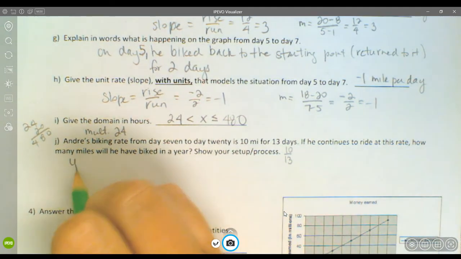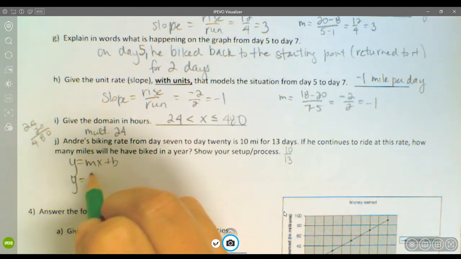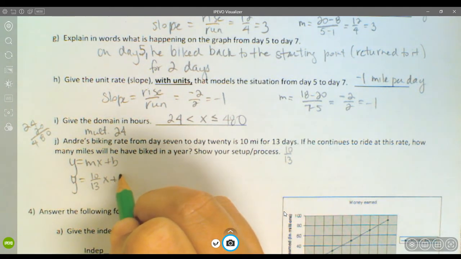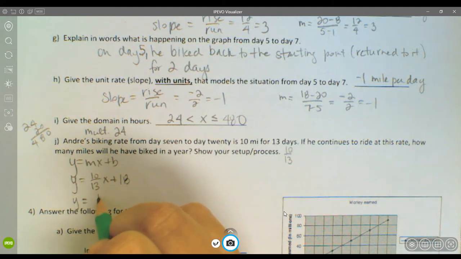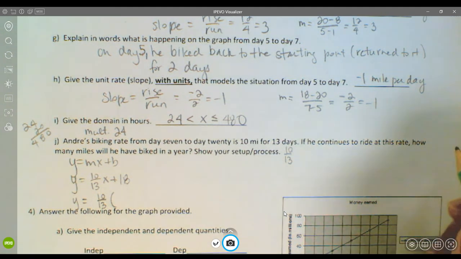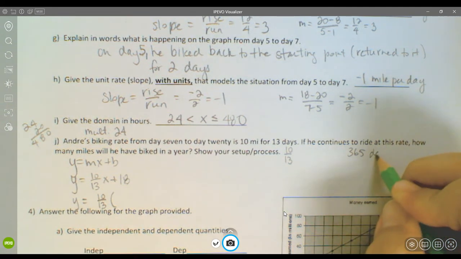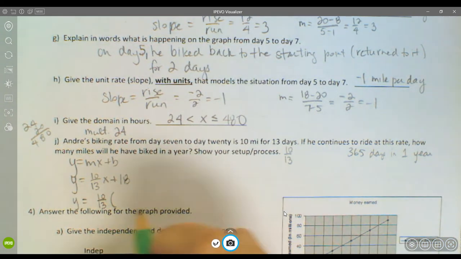So again, I love my slope-intercept form. My rate is 10/13. My intercept is 18. So let's find what this is. This is 10/13. Now we're going by days. So in a year, there are 365 days in 1 year.